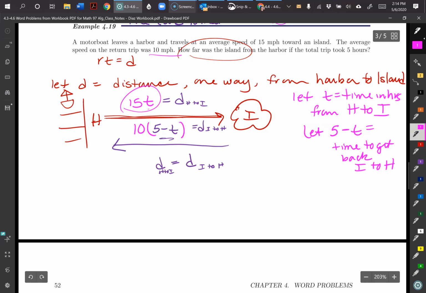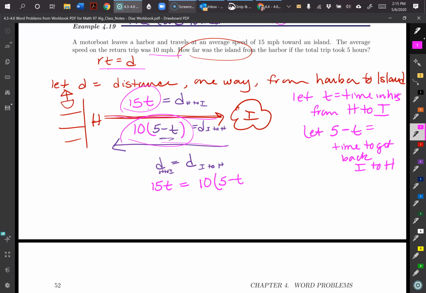Now we can take these expressions. So if it's 15t can represent the distance, the rate times time, remember, is distance for the one way. Then on the way back, which was my slower pace, at whatever time that took, 5 minus t, then I know they're equal. So now I can solve.